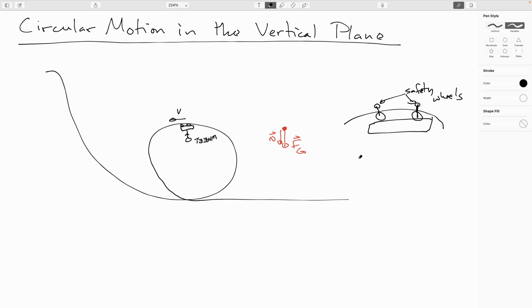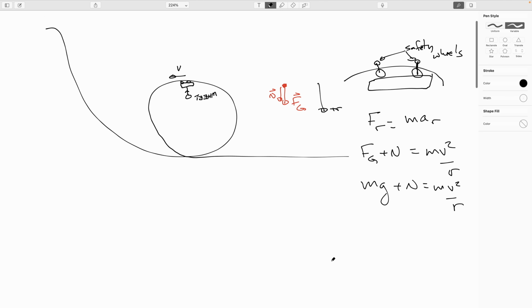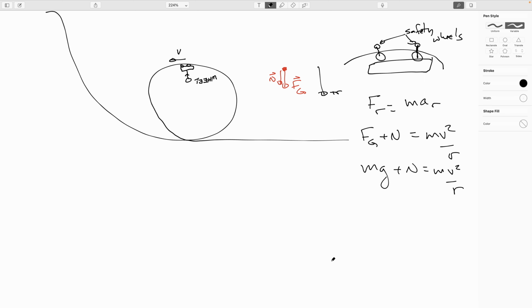So you can go ahead and say that F_r is equal to m a_r. And here, this will be the force of gravity plus the normal force. They are both pointing in the plus r direction. And we've seen that a_r is equal to v squared over r. Force of gravity is mg. So this actually gives us a minimum speed that we have to go at to get over this.